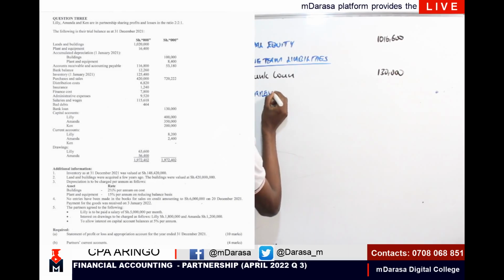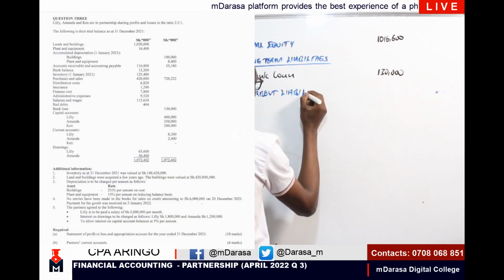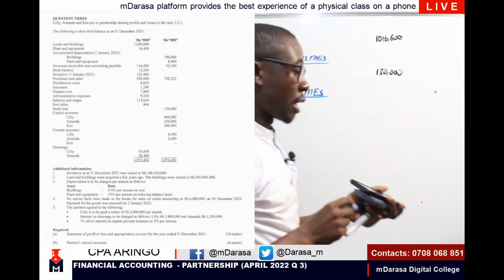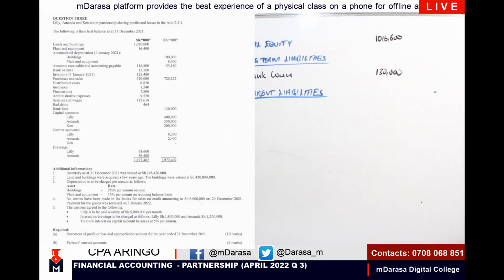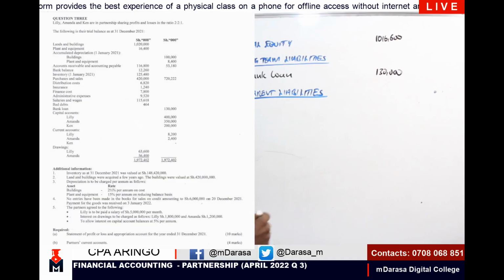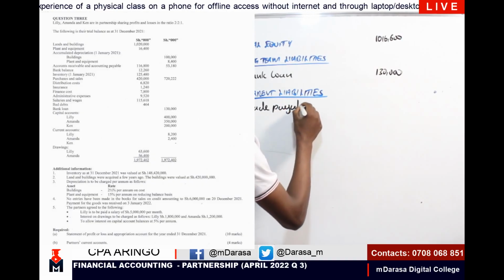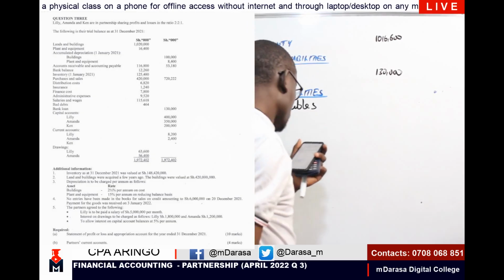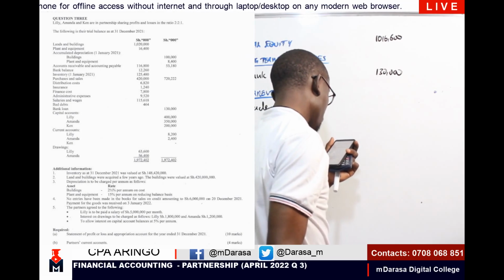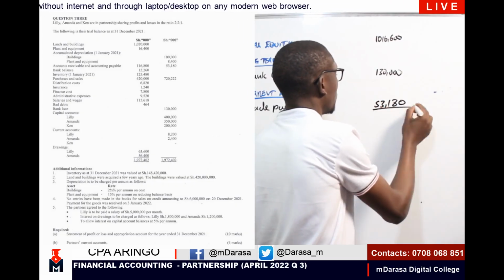Now current liabilities, like accruals and trade payables. Yes, we had trade payables. I think we only had the one, trade payables, and I'm given a figure of 53,180.